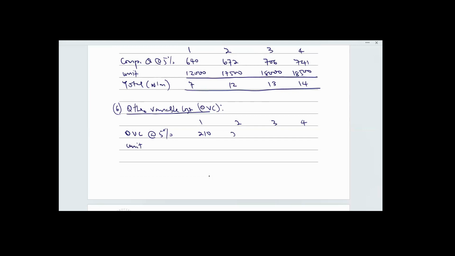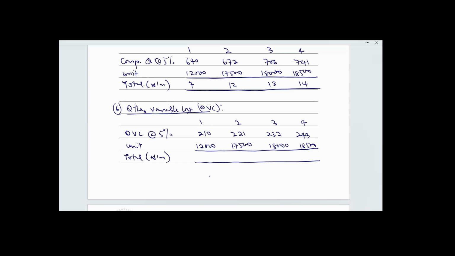221 multiplied by 1.05: 232. 232 multiplied by 1.05: 243. So let's get the total cost in million.